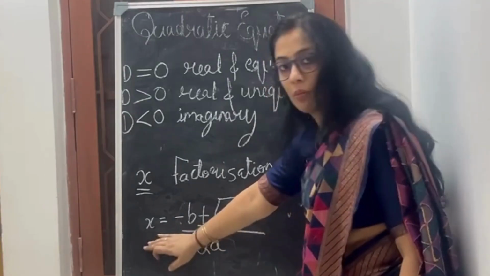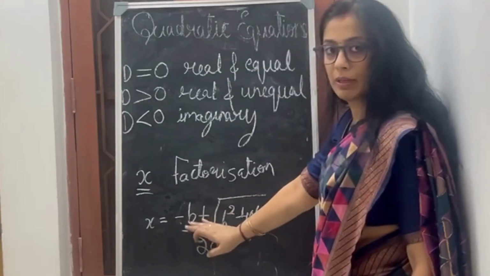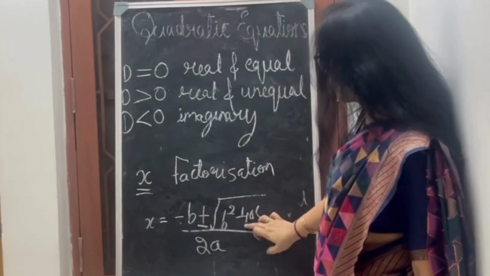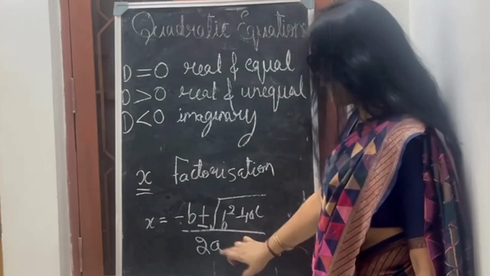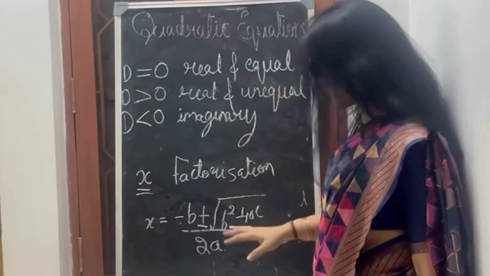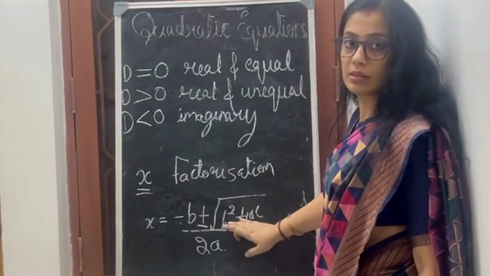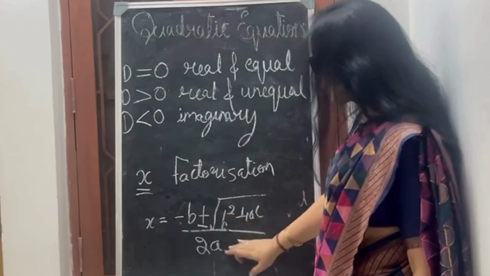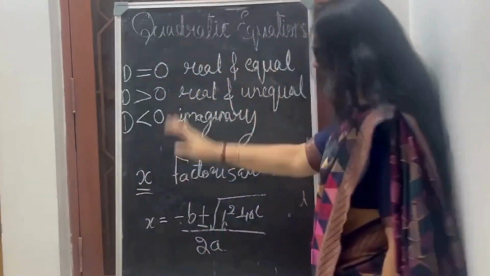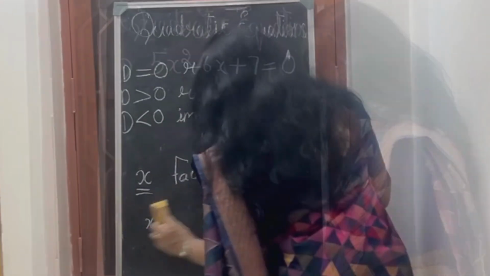I'll repeat the formula. x equals minus b plus or minus the square root of b² minus 4ac, divided by 2a. I told you what b, a and c are. It is used in quadratic equations. Those constant numbers are used here to find the variable x.